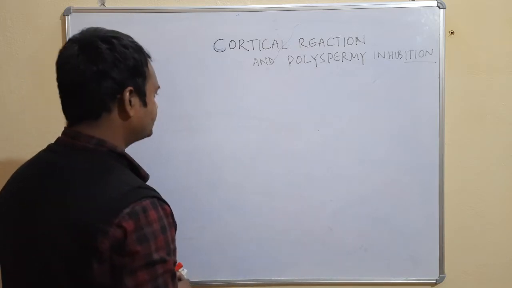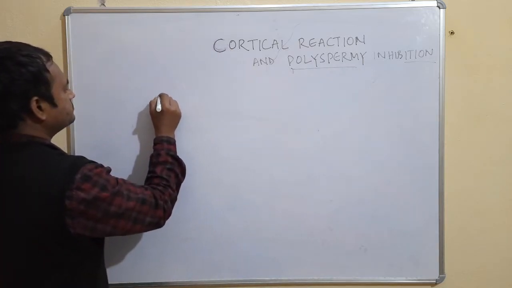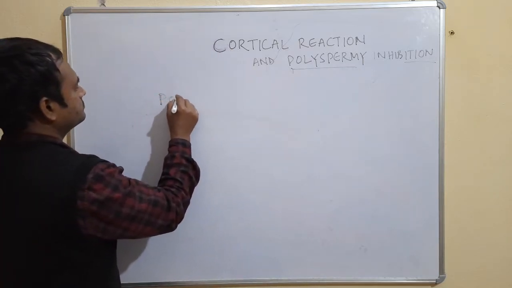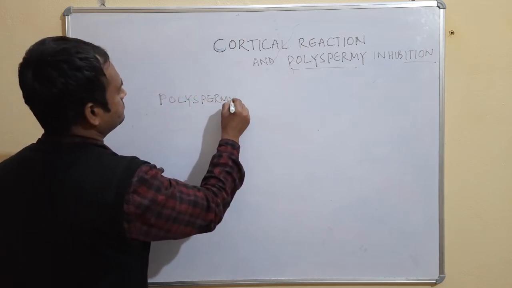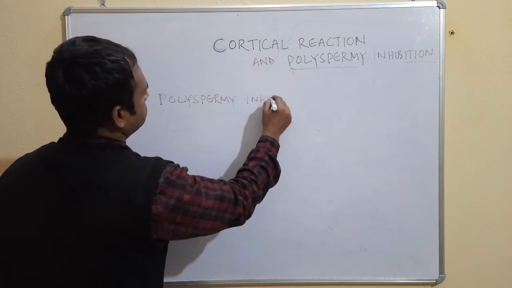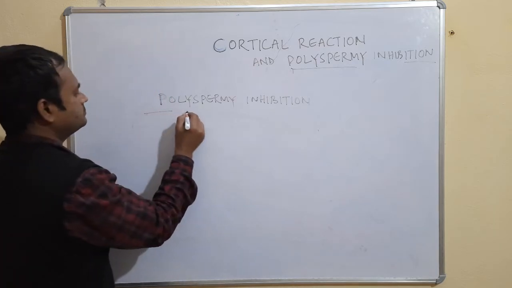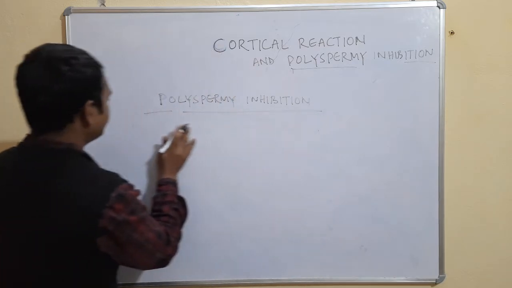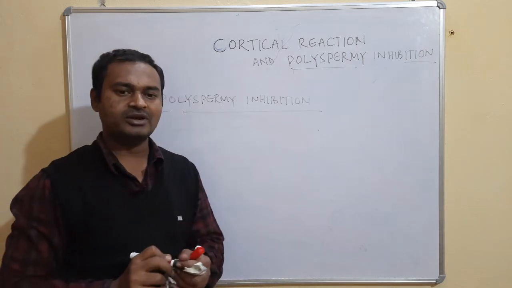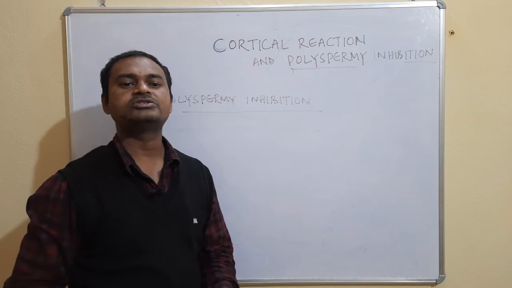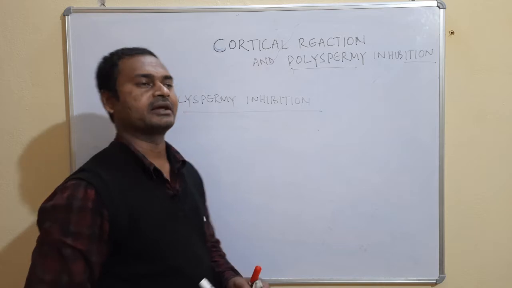So let us focus ourselves on this topic. The first step of polyspermy inhibition includes modification of the zona pellucida protein layer.